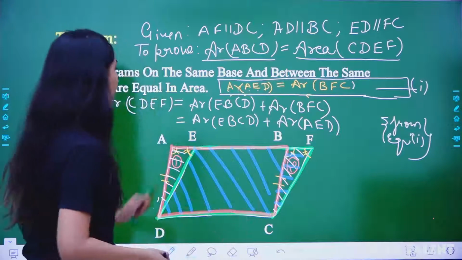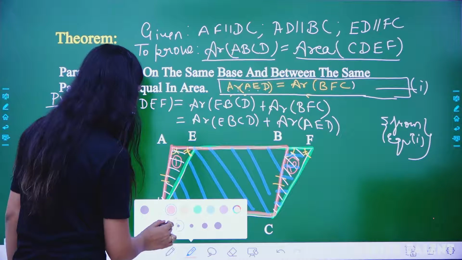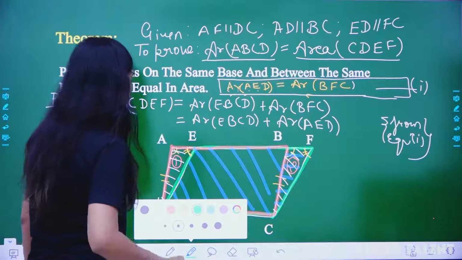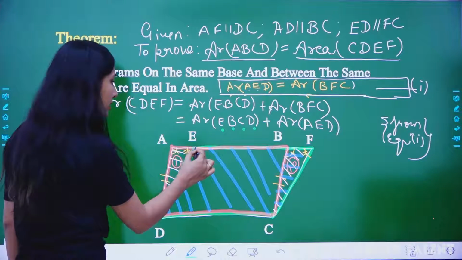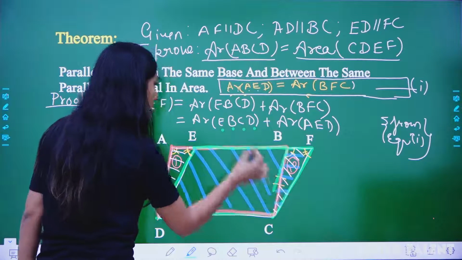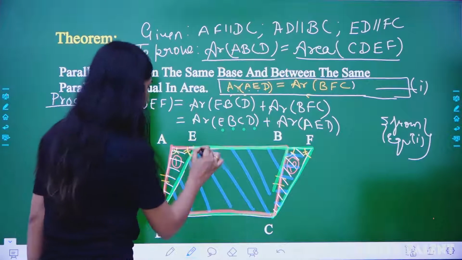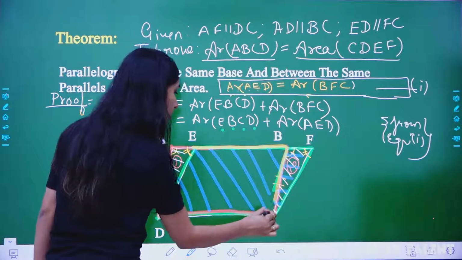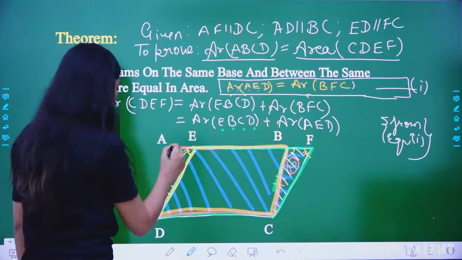I'm putting the value here. Now EBCD is this area, in yellow, plus AED.